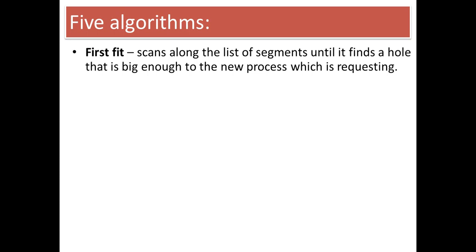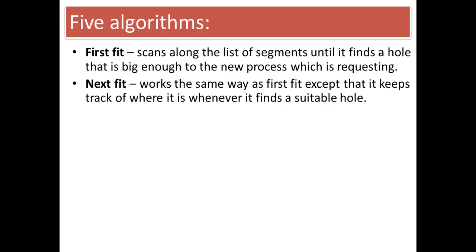That may be equal to the requesting process, or larger, or even the largest available space, but whatever it finds on the first chance, it gives that hole to the process. Then the process uses the matching size and the remaining size is reserved as free space. That is how the first fit algorithm works.